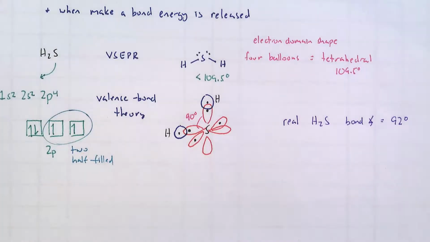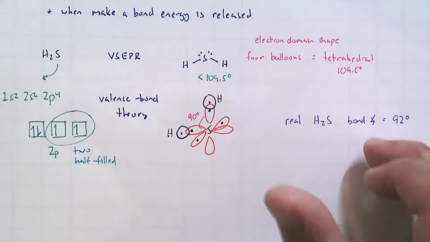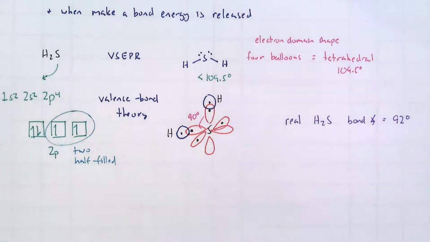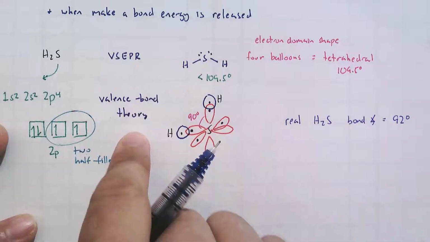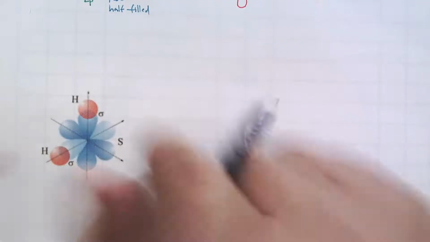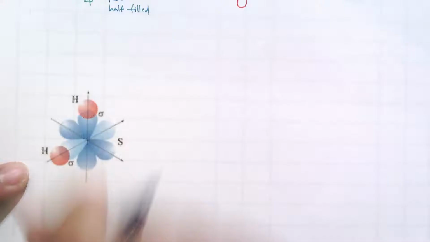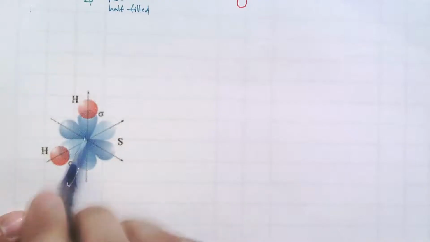Is that all I need to say about that? Okay. So again, the real life H2S has an angle that's more predicted by valence bond theory than VSEPR. And I think this is basically the same drawing, but it's a cleaner illustration. S is in the middle, and you have the 2 hydrogens, and that is 90 degrees.